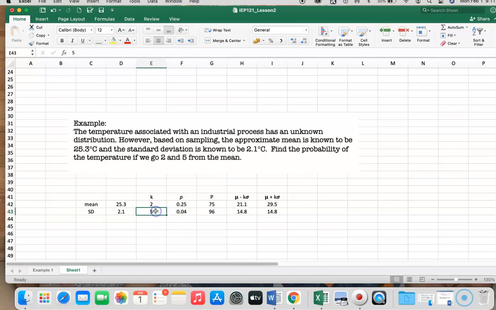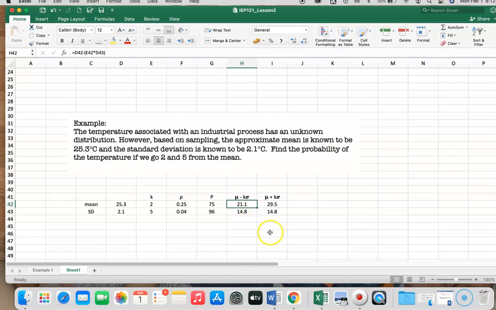And if k is 5, at most 4% or at least 96%. So the mean minus k times the standard deviation, and the mean plus k times the standard deviation. So it will arrive here. All right, this will be the answer.